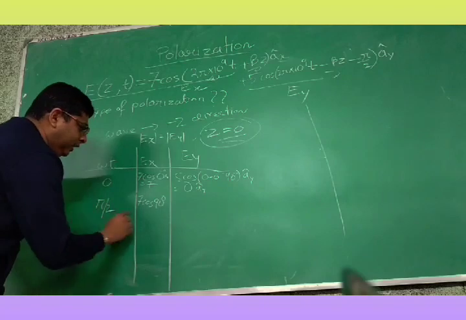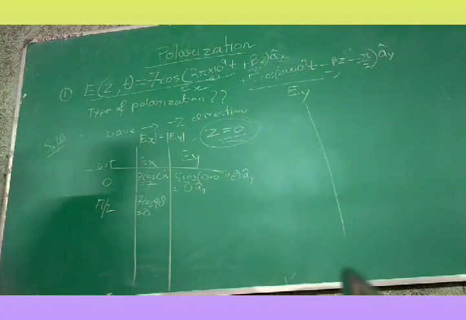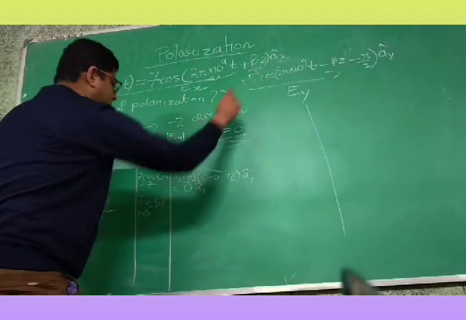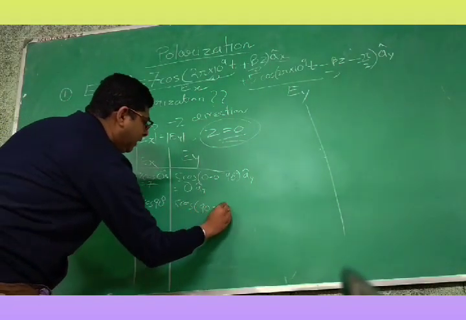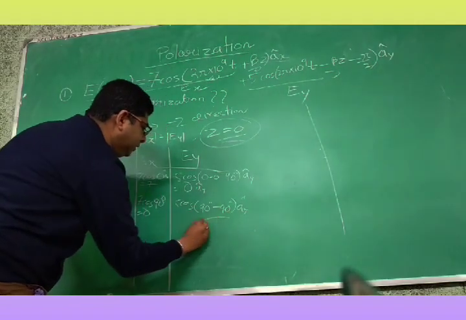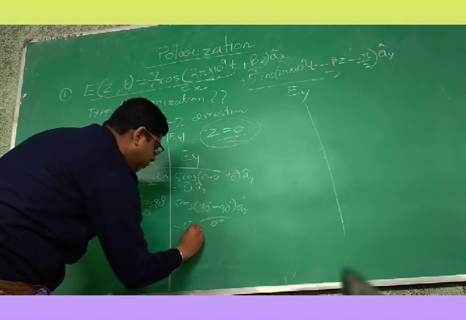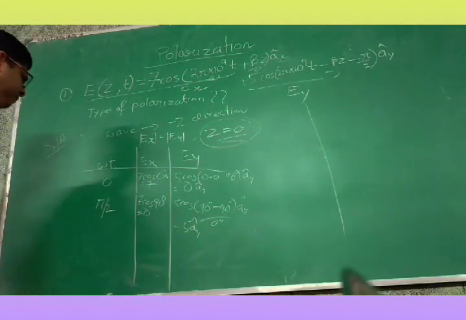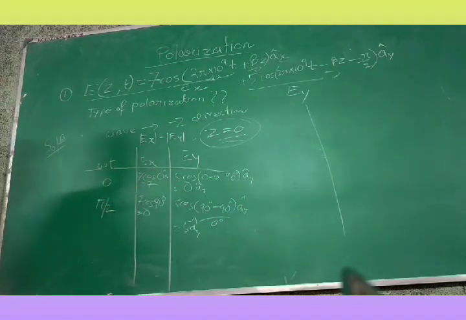Pi by 2 is 90 degree, so 7 cos 90 degree is basically 0. And for this case, it is 5 cos of 90 degree minus 90 degree, that means cos 0 is 1, so 5 Ay. So this is 0, this is 5, this is 7, this is 0.